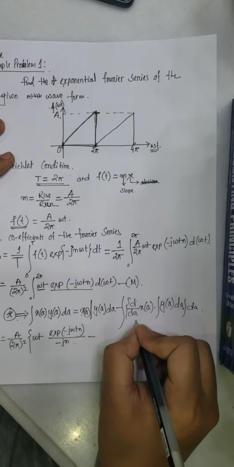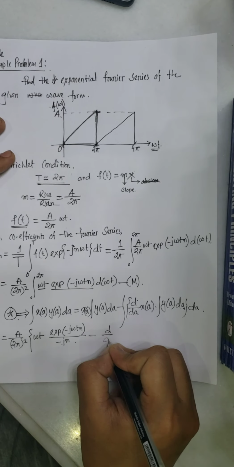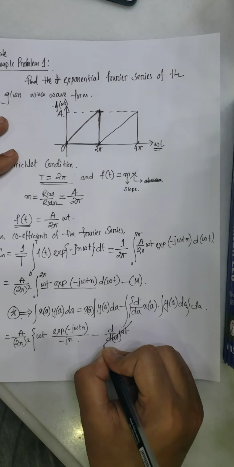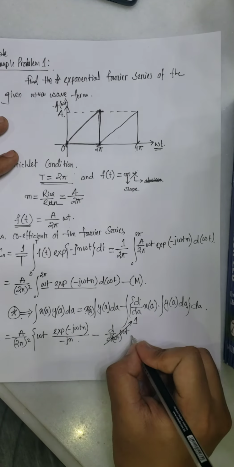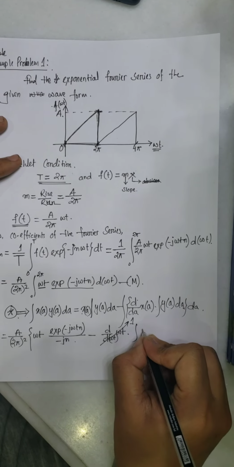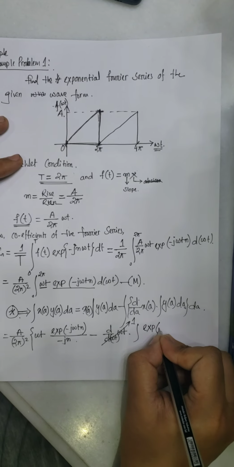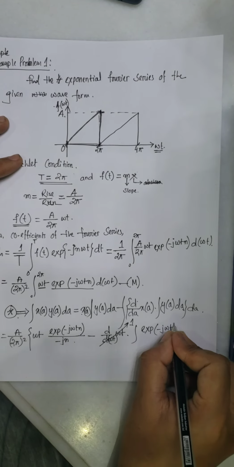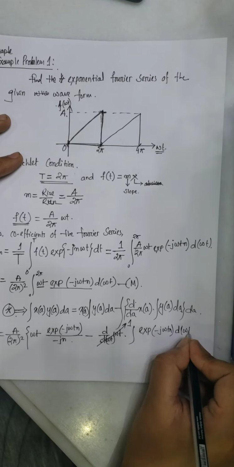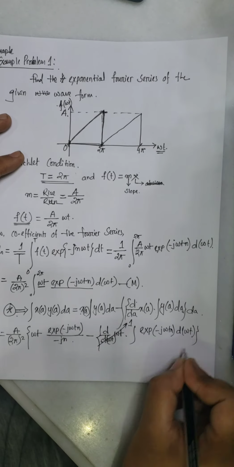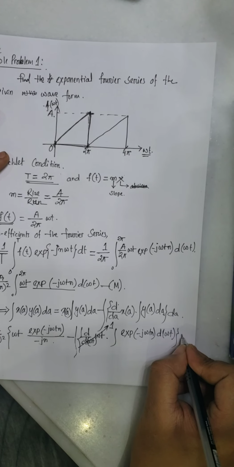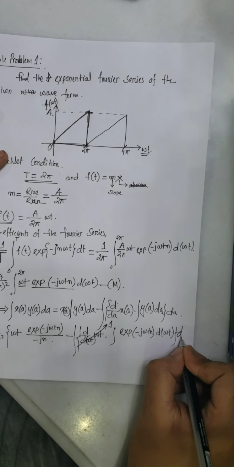Minus d d omega t of omega t, which is equal to 1, times the integration of e to the power minus j omega t n d omega t, which is once again wholly to be integrated with respect to omega t.